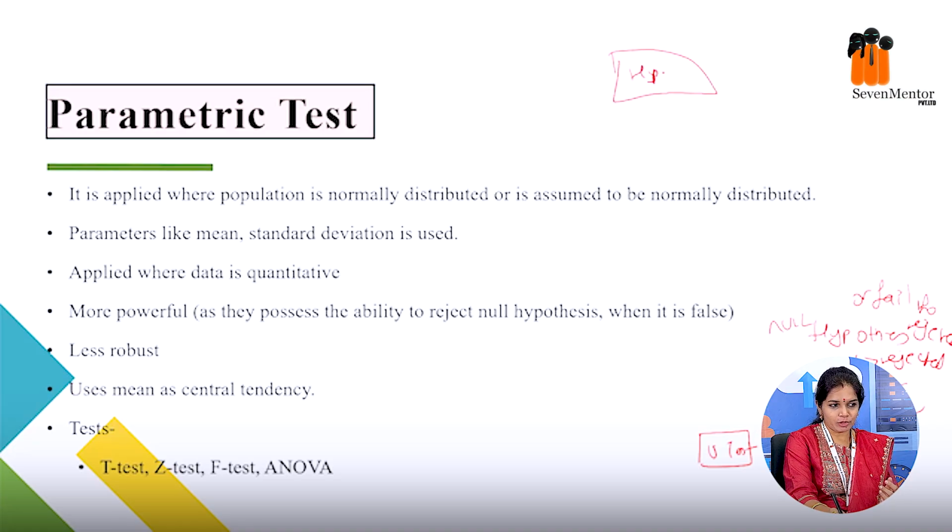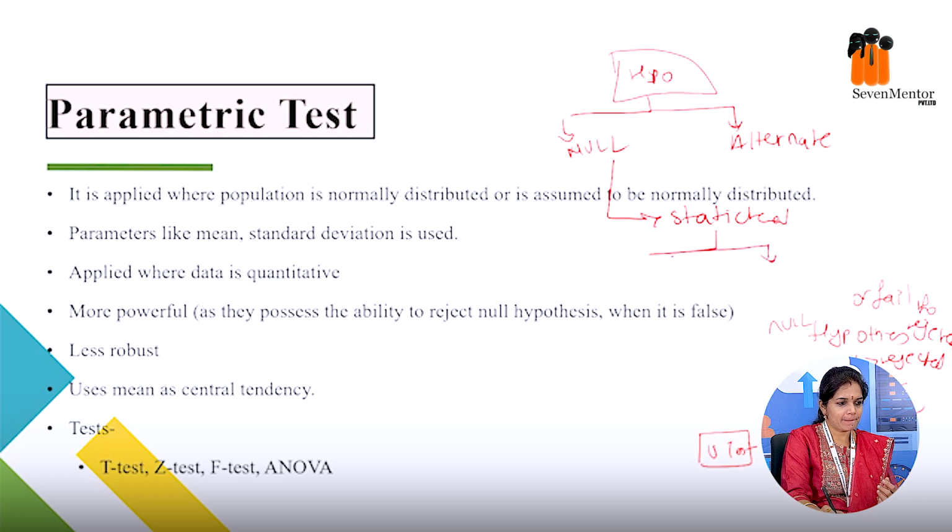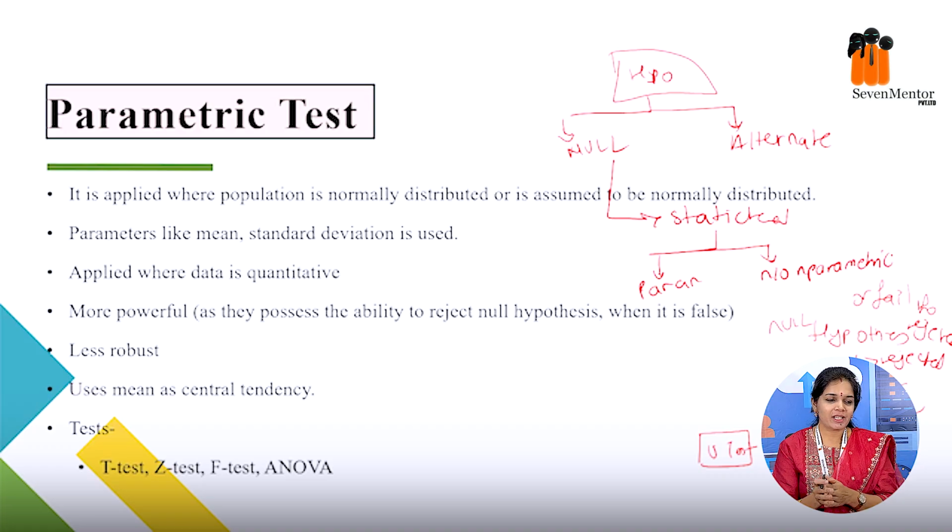Okay, it is actually from bottom to top, but mostly we see a tree diagram like this. Hypothesis, then it has two types: null hypothesis and alternate hypothesis. Then statistical tests are conducted, which are parametric and non-parametric. Whenever you see such diagrams on the internet, you will say, oh my god, this is such a big procedure.